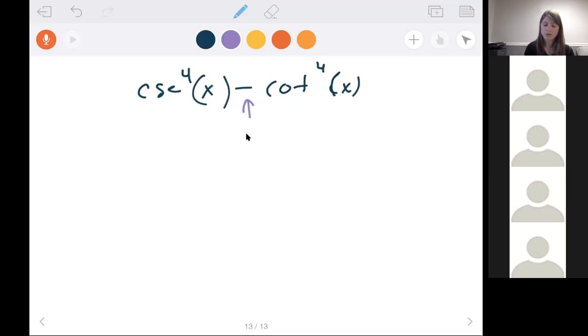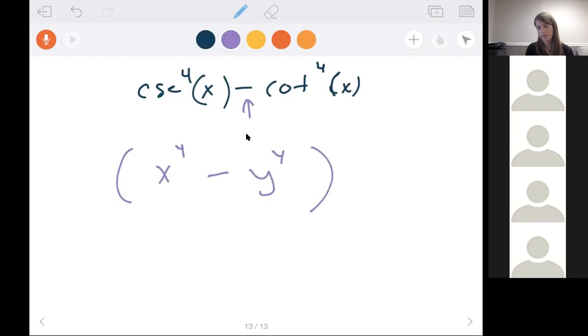But here's what I want you to think about. Forget the fact that this is cosecant and cotangent. Focus on it's something to the 4th. Instead of cosecant of x, just use x to the 4th minus y to the 4th. Something to the 4th minus something to the 4th.